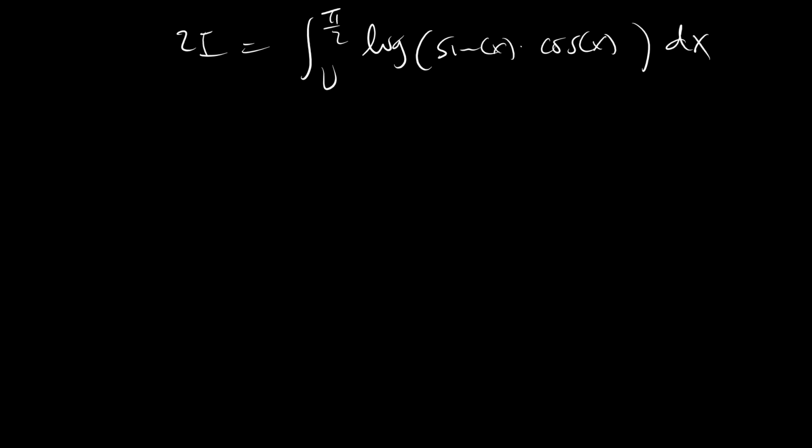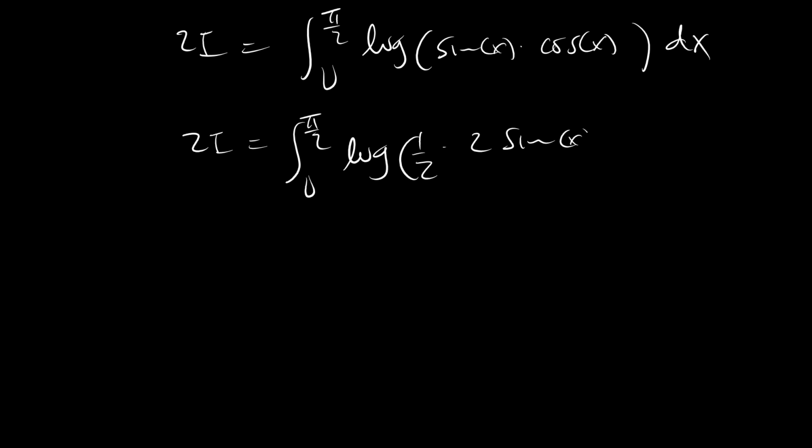So we have 2I is equal to the integral from 0 to pi over 2 of log of sine of x times cosine of x. Right? Then we could also say that this is the integral from 0 to pi over 2 of log of a half times 2 sine x cosine x dx, which is the same as the integral from 0 to pi over 2.